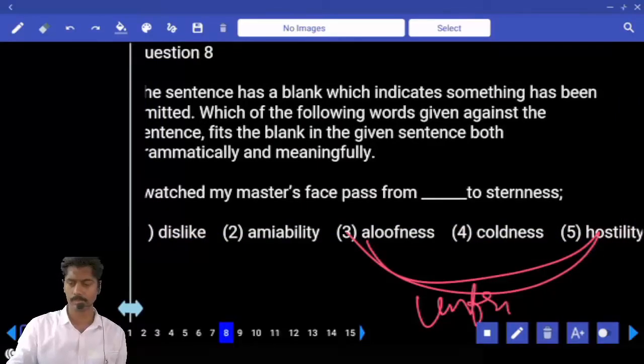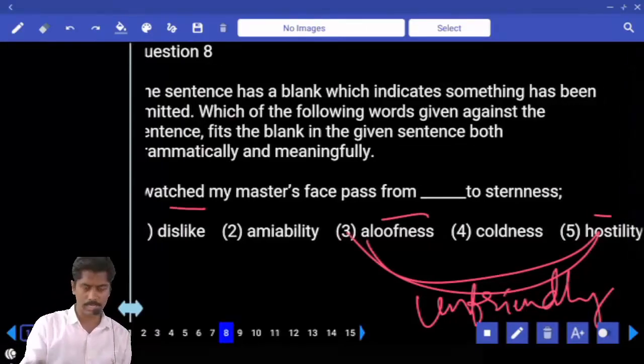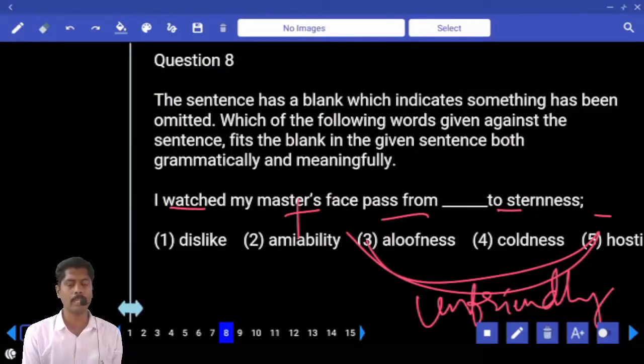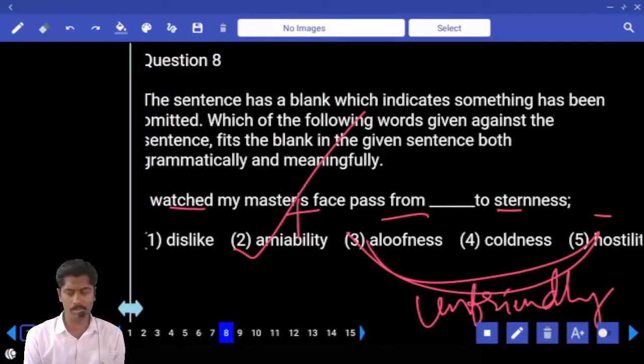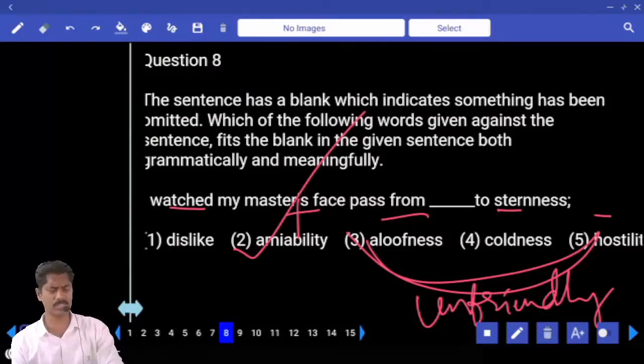Unfriendly. Unfriendly, negative meaning. Hostility, aloofness. Dislike, negative. Coldness, negative. Amiability, positive. What should come? Answer, odd man out. Second one is the right answer. From amiability to stern means he had a friendly expression. Later on it changed to seriousness. Stern means serious.